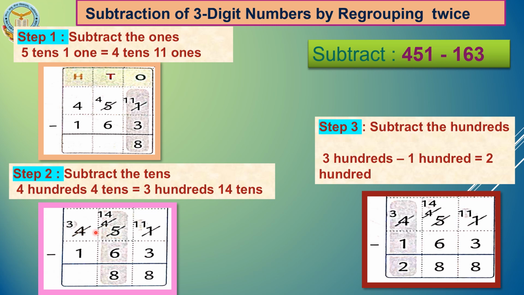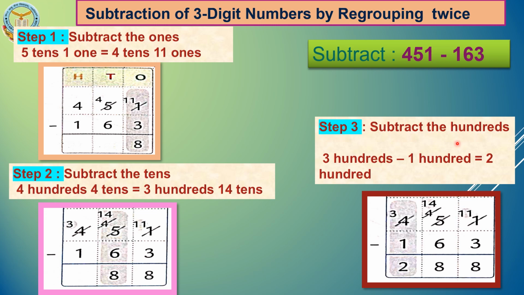Means we have to borrow 100 from the 400s. 400s will become 300s and 4 tens will become 14 tens. Now subtract 6 tens from the 14 tens. So 14 tens minus 6 tens equals 8 tens. So write down 8 in the tens column and move to the hundreds place.